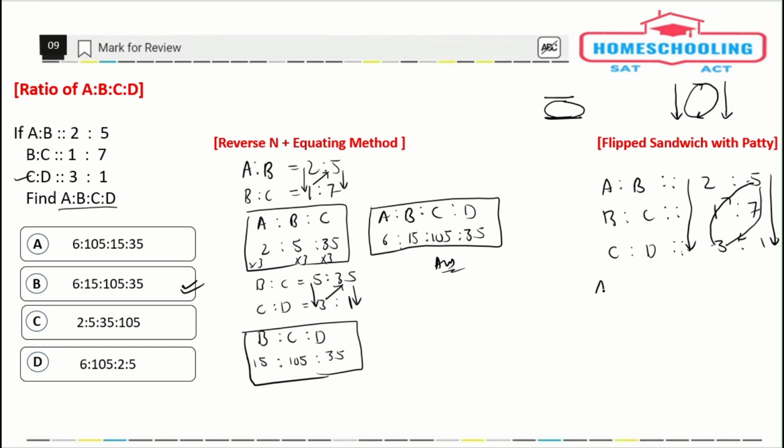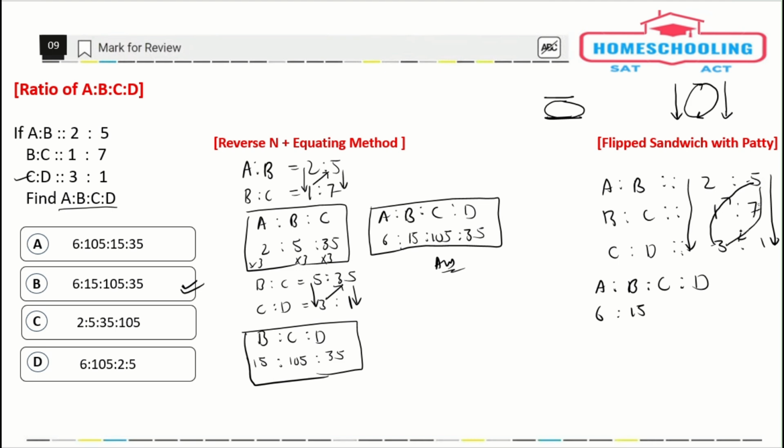So now we can directly find out the ratio of A, B, C, and D. For A, this is your first one. So 2 into 1 into 3, that is 6. Now for B, we will take this one. So 3 into 1 into 5, that is 15.